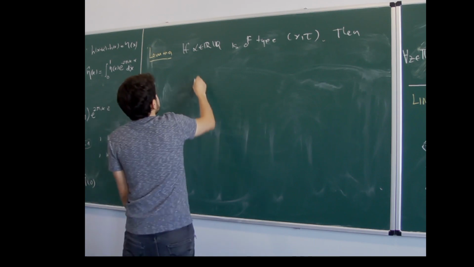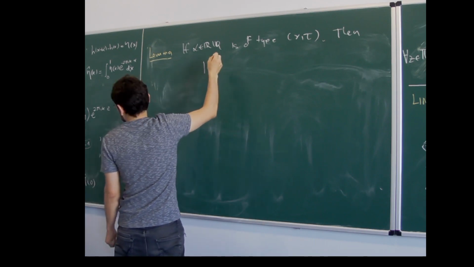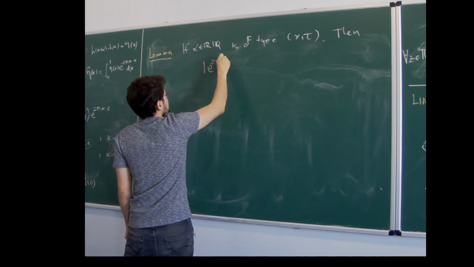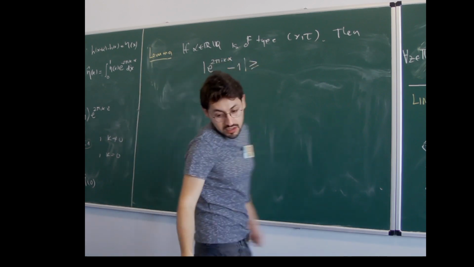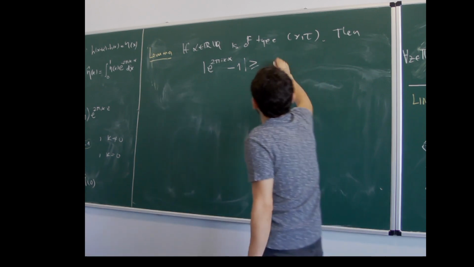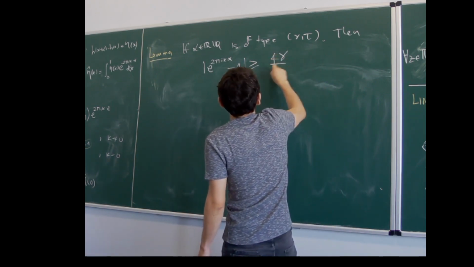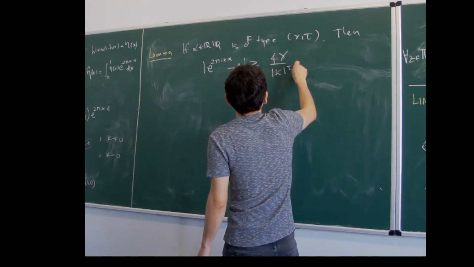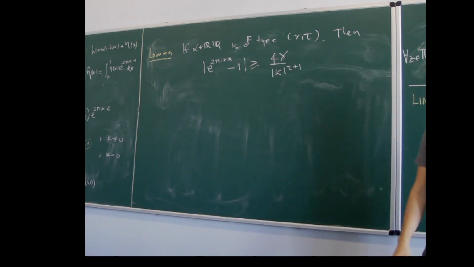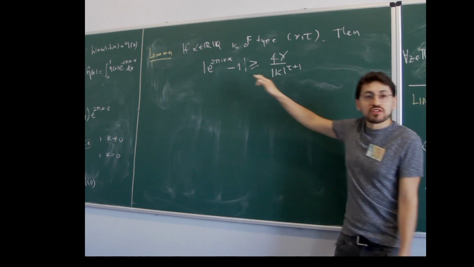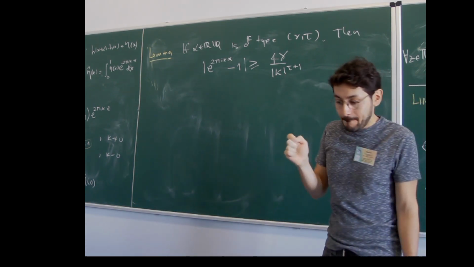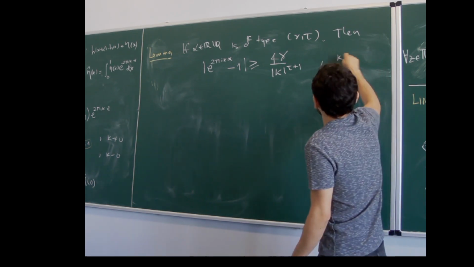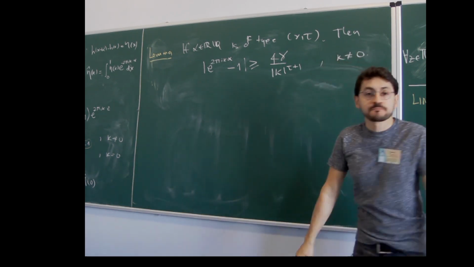Well, then I can say that the absolute value of exponential of 2 pi i k alpha minus 1 is bigger or equal than 4 times this constant over this to the tau plus 1. So I get some bound. This really looks again like these Diophantine conditions are working all the time. This is what you can get, for any k different from 0, of course.